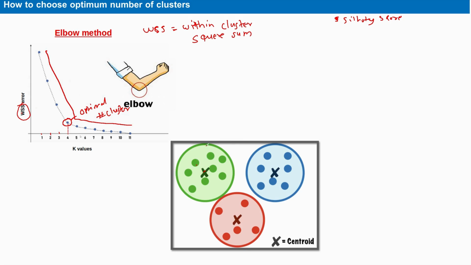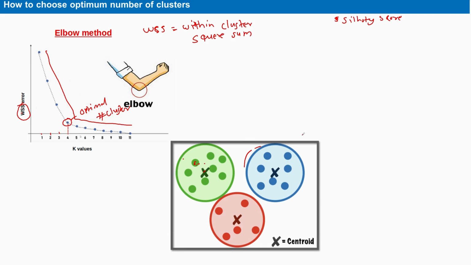It means how similar that particular data point is to the cluster it belongs to, and how different it is from the other clusters. The score that captures this is called the Silhouette score.